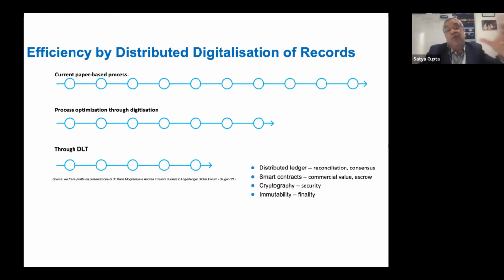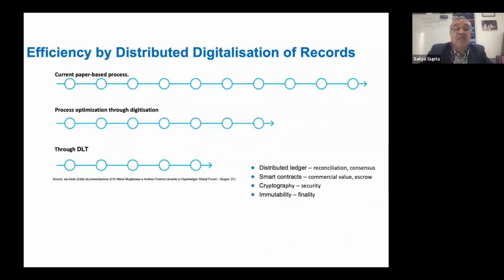Digitization means you have made it digitized. Now you are using a computer to keep that same record, same ledger. So you already achieve efficiency in that. Once you digitize an analog or conventional process, you have already saved about 30% of the time. So the efficiency is increased by 30% already just by digitalization.